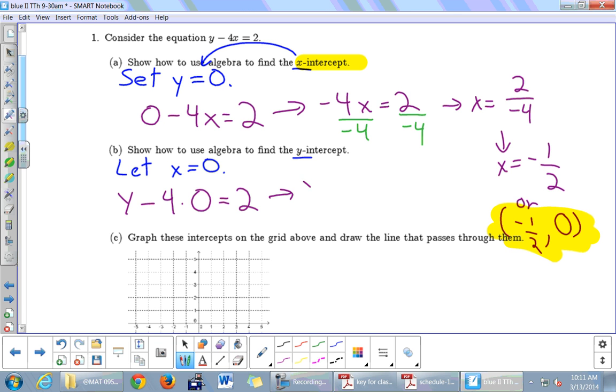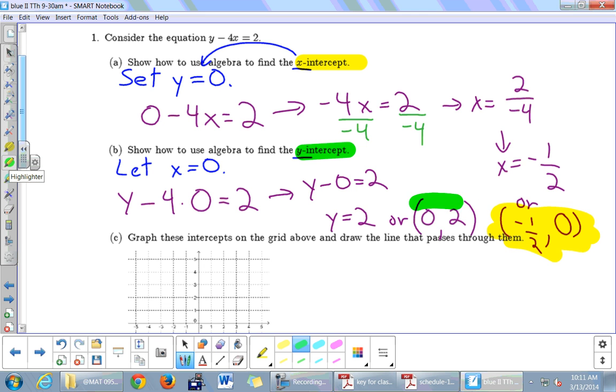Yeah, and so that's y minus nothing is 2, which means that y is 2. So more likely I'm interested in both coordinates. 0, 2 is it. The first thing we did was make x 0. So we'll highlight the y-intercept is that thing right there.